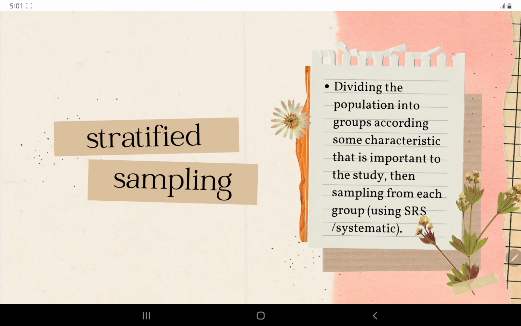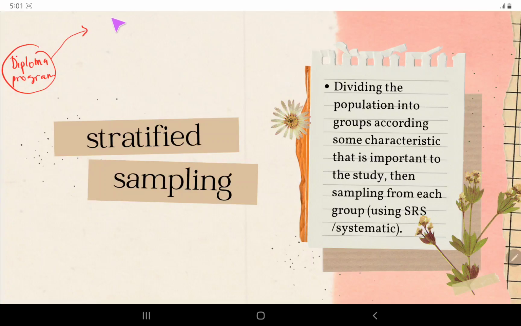Okay, the sample is collected by randomly select elements from each strata. Okay, contohnya we have a diploma program. And then from diploma program is our population, and then this population is divided into subgroup.